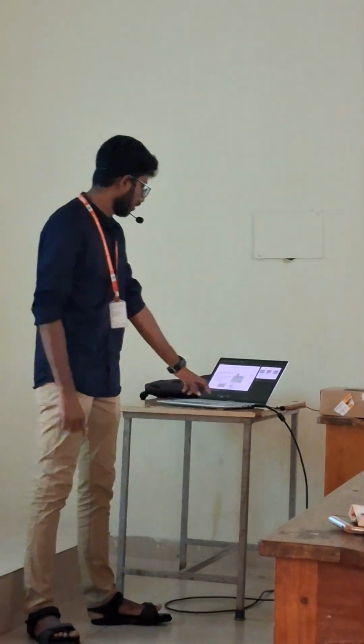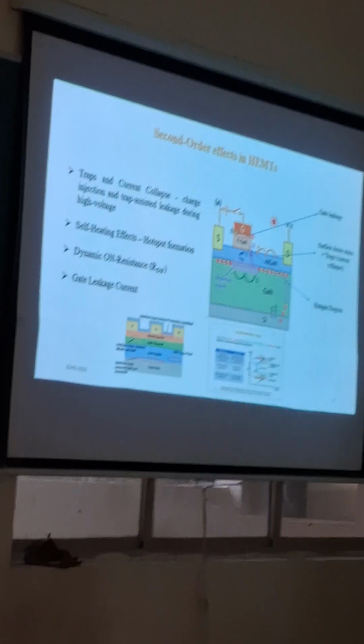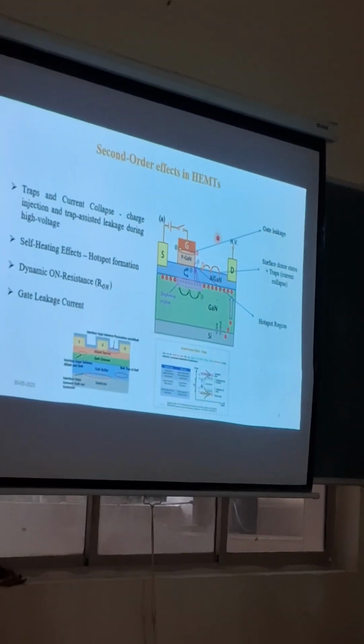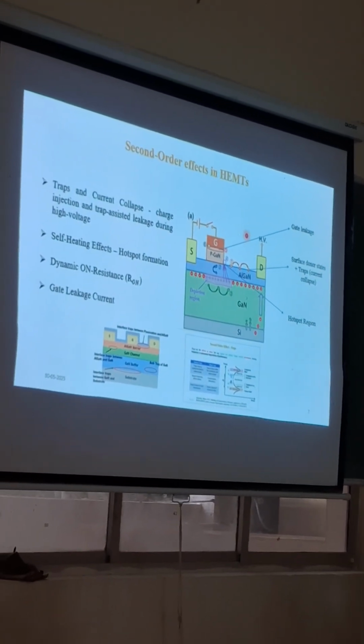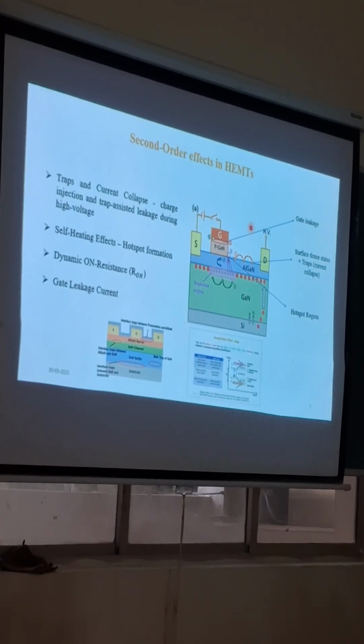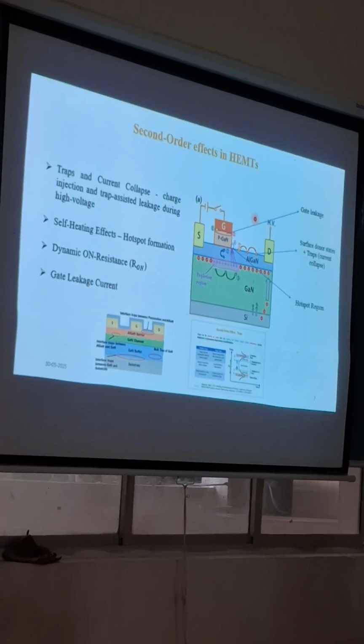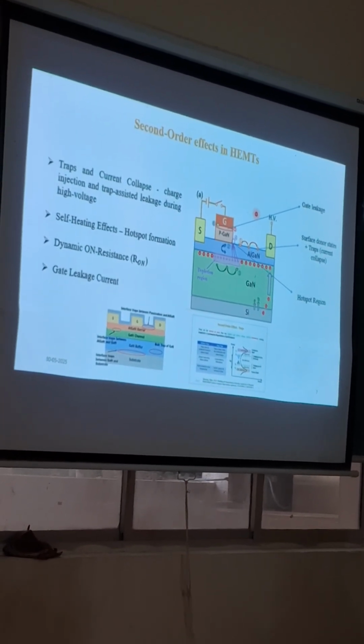So until now we have seen the basic operation of HEMTs and how the 2DEG is formed. Now we are getting to the second order effects of HEMTs. The second order effects of HEMTs are traps and current collapse, self-heating effects, dynamic Ron and gate leakage.